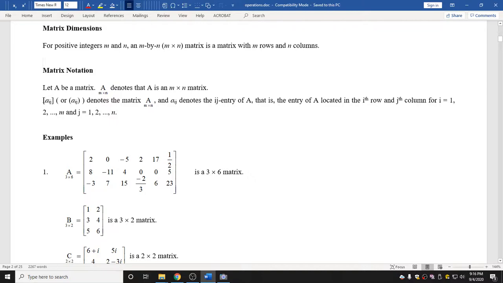We also have entry notation. So observe here that I have my brackets, and within those brackets I have a subscripted a, ij.